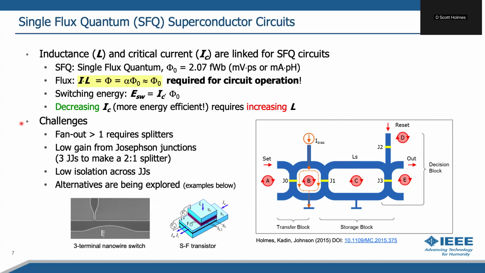You're operating in a very low energy region, and you have to provide splitters to have fan out. There's low gain, and low isolation across JJs, because there is a supercurrent across them. And there are alternative devices being explored. There's some examples down here, but we're going to look at circuits that are made with Josephson junctions.